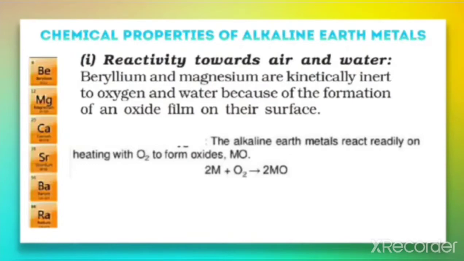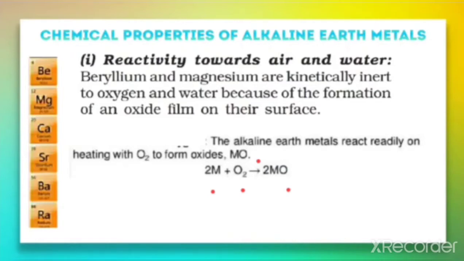From this, we can conclude that the alkaline earth metals react readily on heating with oxygen to form oxides, which is generally represented as MO. Here the general equation is 2M + O2 giving 2MO, where M is the alkaline earth metal.